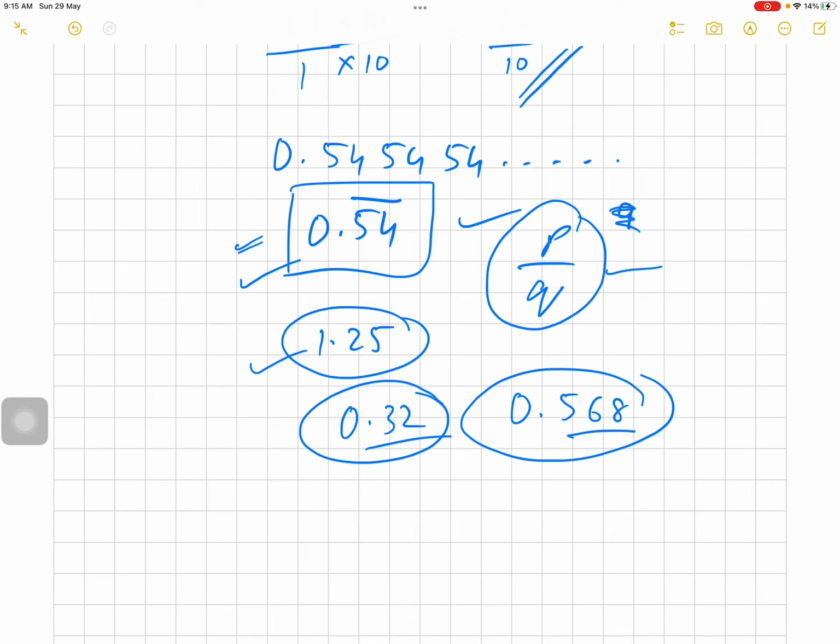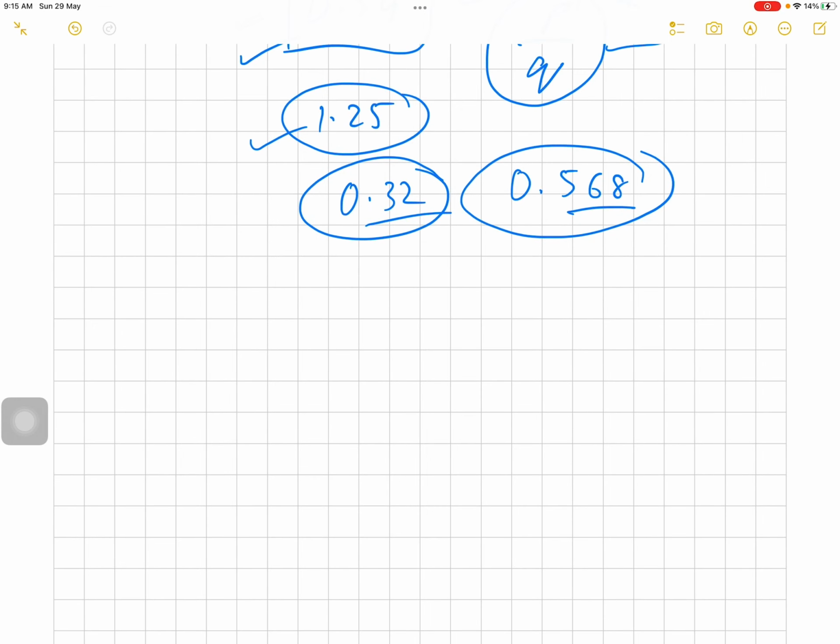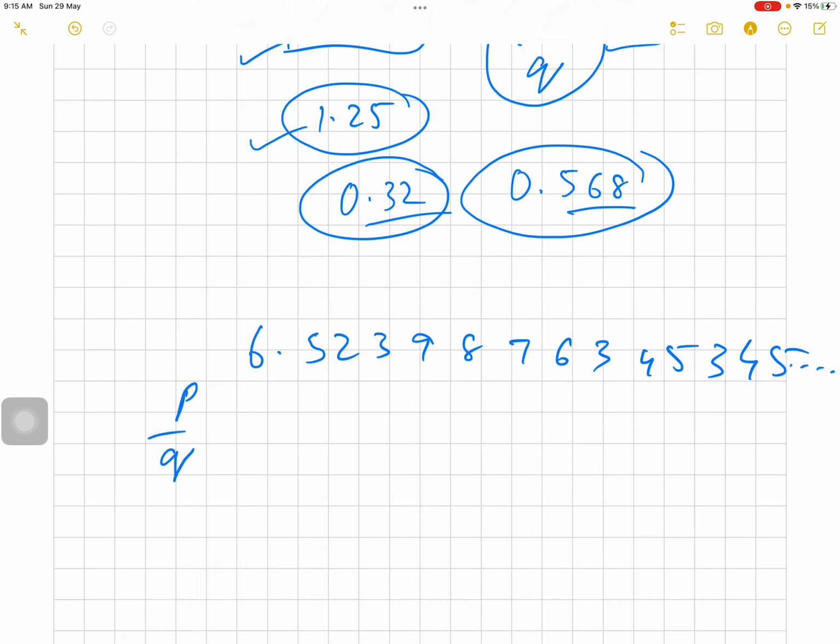Now, what cannot be written in P by Q form are called irrational numbers. For example, 6.5239876345, it's neither terminating nor recurring, and so on. So this is an irrational number. Numbers which are not terminating and not recurring are called irrational numbers because they cannot be converted into P by Q form.